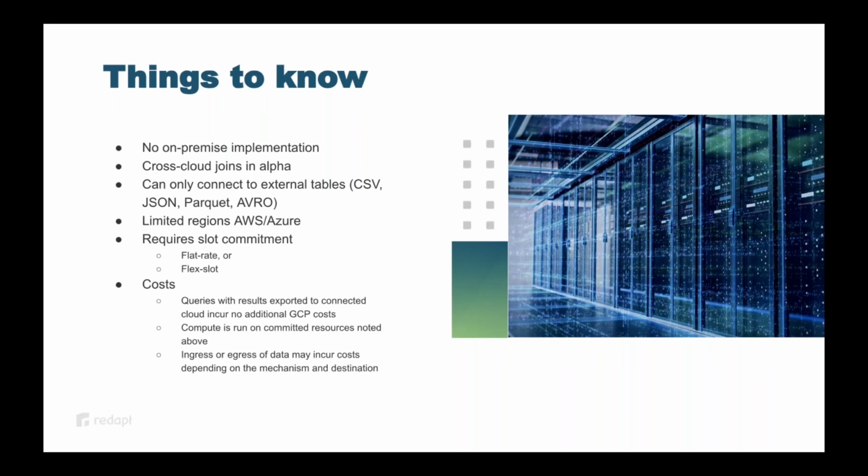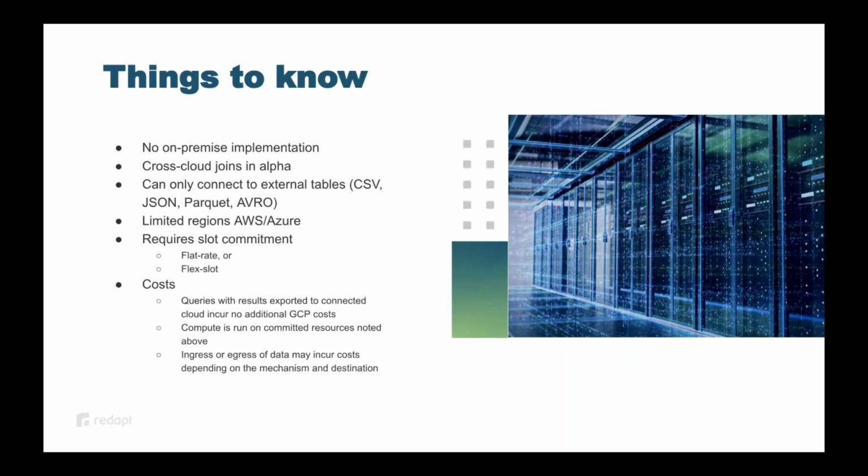And so in order to run Omni, you have to buy this set of query resources. And so then you raise your hand like, ooh, what are the costs for this, Chris? Well, if your query with your results are exported to the cloud where they occurred, there is no additional cost for making that query. All the costs for that reside with the cloud that you ran it in.